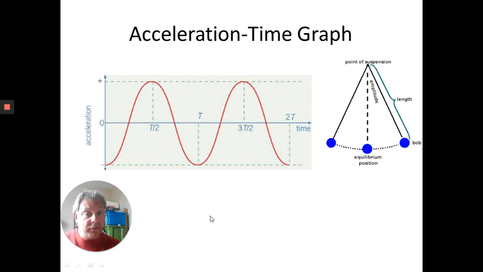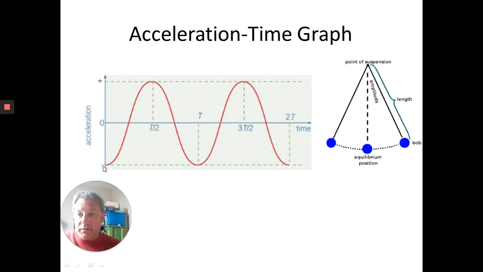Now the acceleration time graph, again, just thinking about the definition of SHM, you have your greatest acceleration at your greatest displacement, but it's in the opposite direction. So the displacement one started here, this one starts here, it's the opposite. But it's also at its greatest value.